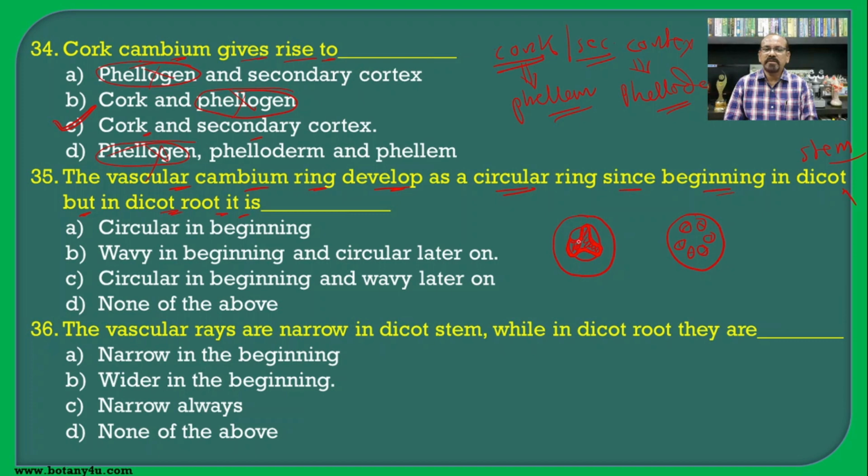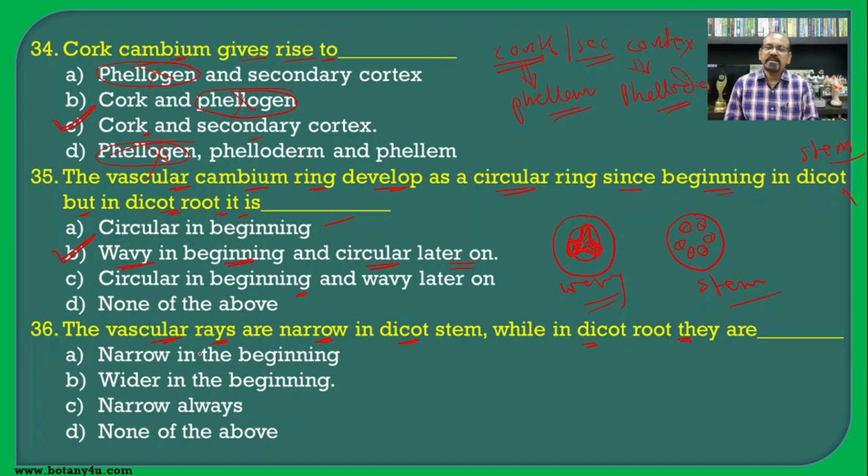So this will be the initial cambium ring, and hence it becomes wavy in the beginning and later on circular. The circular in the beginning is a characteristic feature of the dicot stem, while the wavy is a characteristic feature of the root. The vascular rays are narrow in the dicot stem, while in the dicot root they are wider.